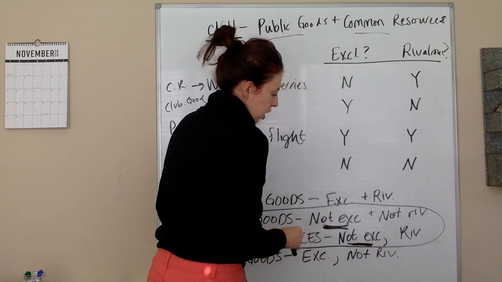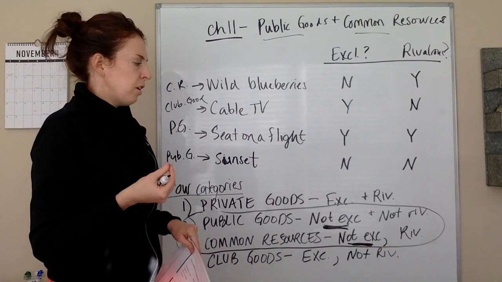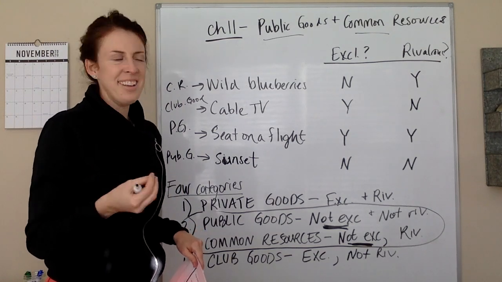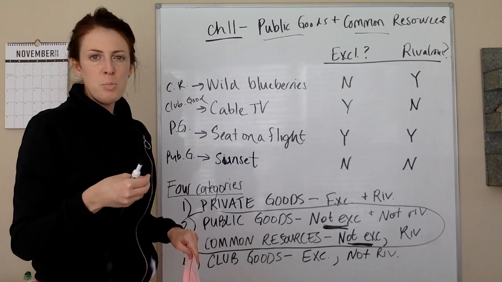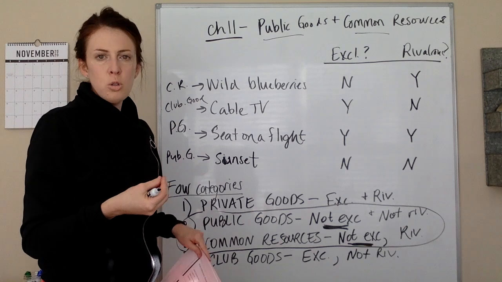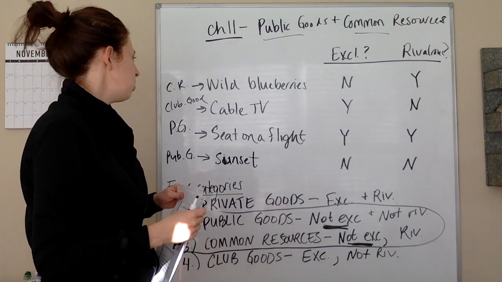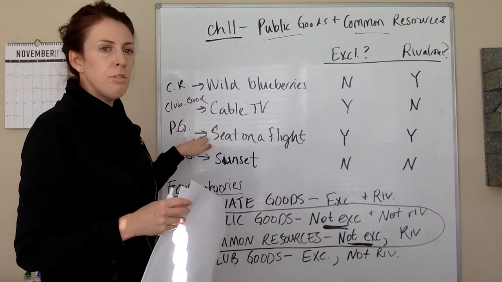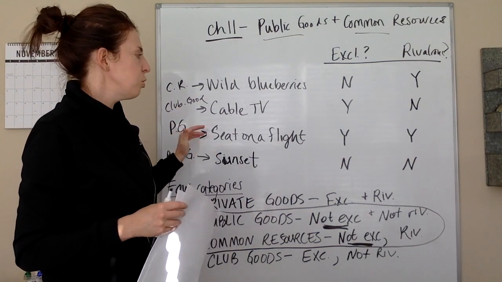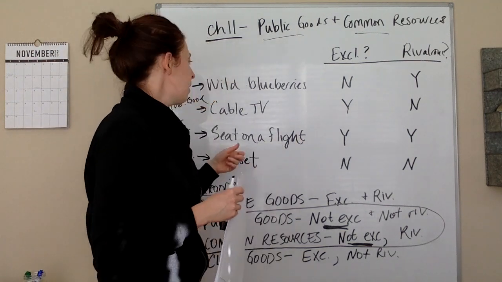Okay, the non-excludability feature is going to make goods a little bit weird because normally in most markets we exclude people from consuming a good based on who's willing to pay the price. So, for example, if you would like a seat on a flight, we can exclude people from the flight if they're not willing to pay the price for a ticket.